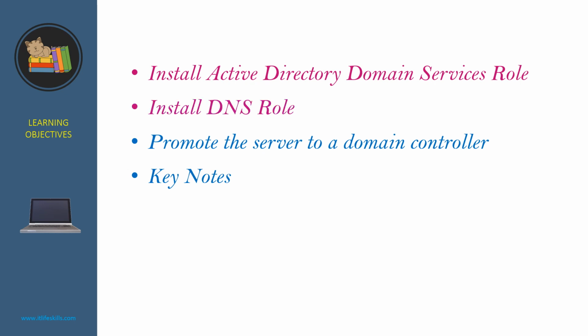After that, we need to promote the server to a domain controller. Since the server is the first domain controller of the forest, we need to select the deployment operation as add a new forest. Finally, we will sum up the lesson with the keynotes.